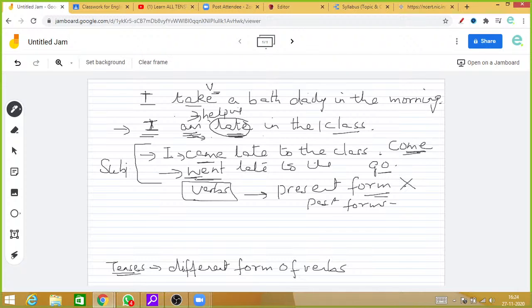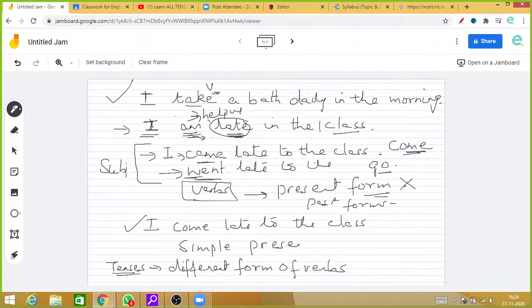Instead of came, we'll say, I come late to the class. So this will be the present tense. This sentence is correct in simple present.